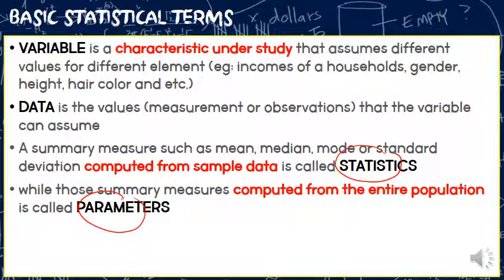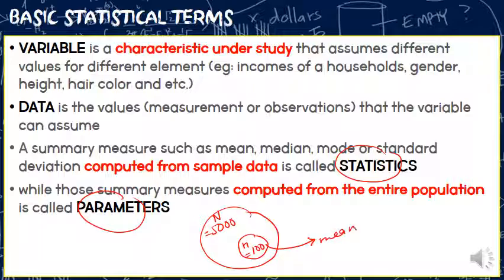For example, I have population, bilangan population saya 5,000 and I choose a sample of 100 student. If I calculated my mean from 100 student, dapat 3.75, dan mean yang saya dapat tu nama dia statistics.